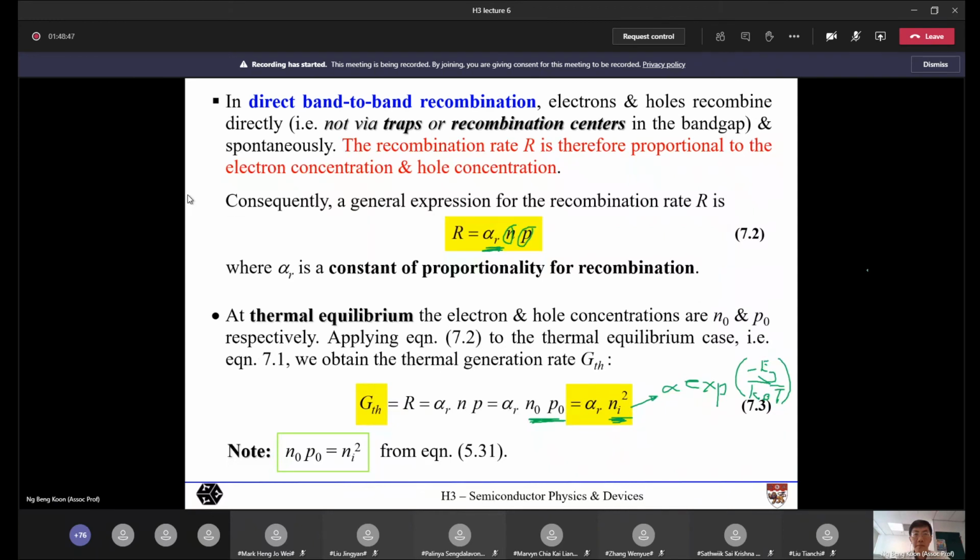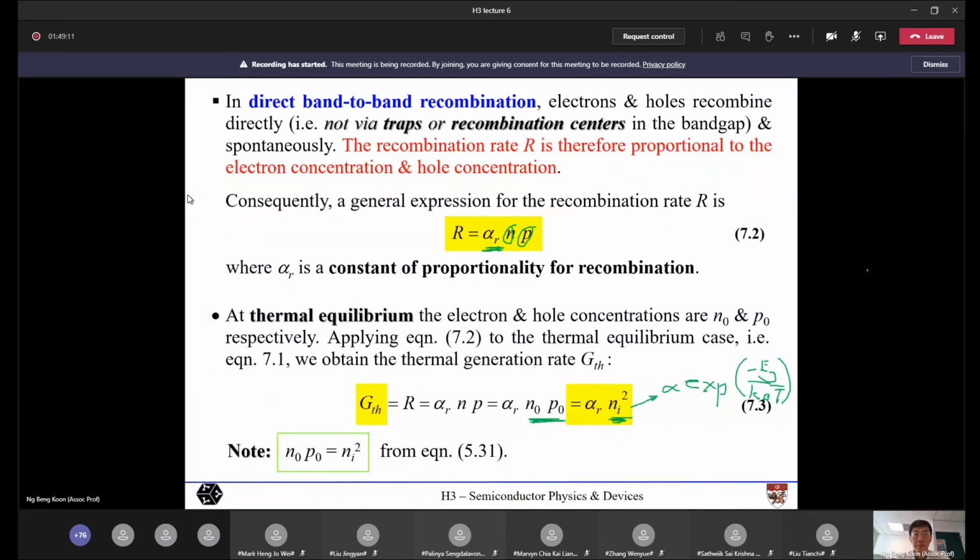That will also affect your generation rate, because if your band gap is smaller, for example, then the rate at which carriers can go up will be higher as well, because the barrier is smaller. So this qualitatively agrees with what you expect for thermal generation rate. So the thermal generation rate is simply dependent on the band gap and the temperature of the semiconductor material.